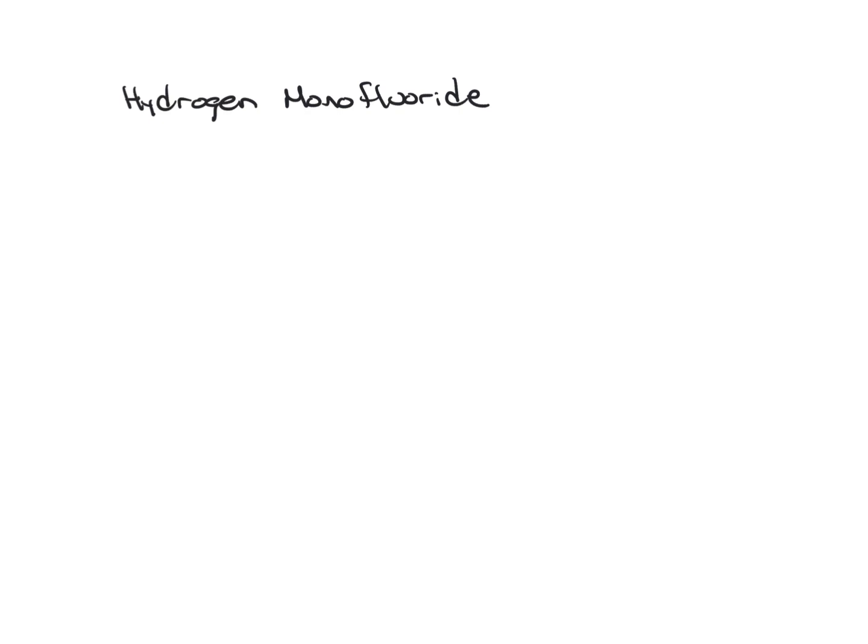So if we look at prefixes, hydrogen doesn't have any prefix, so we're going to assume it's 1. And mono is a prefix for 1 as well. Okay, so in a 2-word name, you do not have to write mono for the first word, but you do have to write mono for the second word. So there's one hydrogen, one fluorine. That HF would be the chemical formula for hydrogen monofluoride.